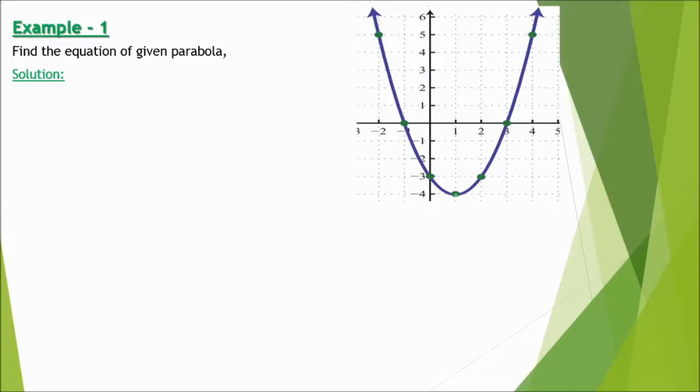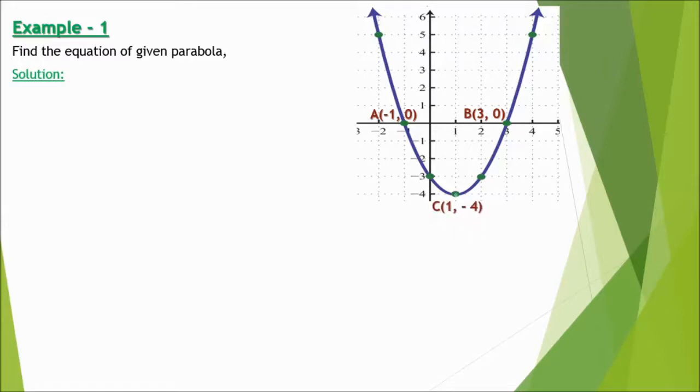And if I don't know the vertex, I need at least 3 points. Now let me find 3 points from the graph. The first point I observed is minus 1 comma 0 right here, and the second point I observed is 3 comma 0. At the end I will tell you the short method also. You can try it yourself and see this.